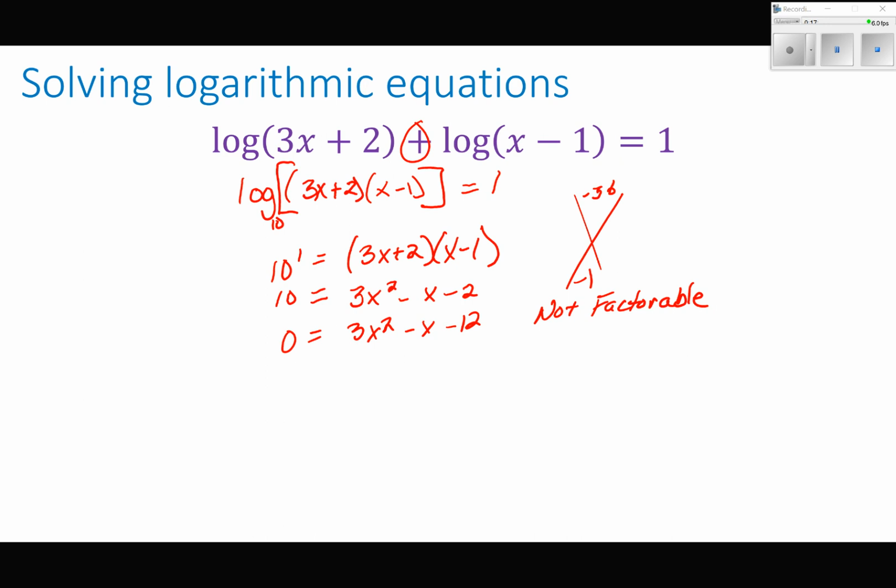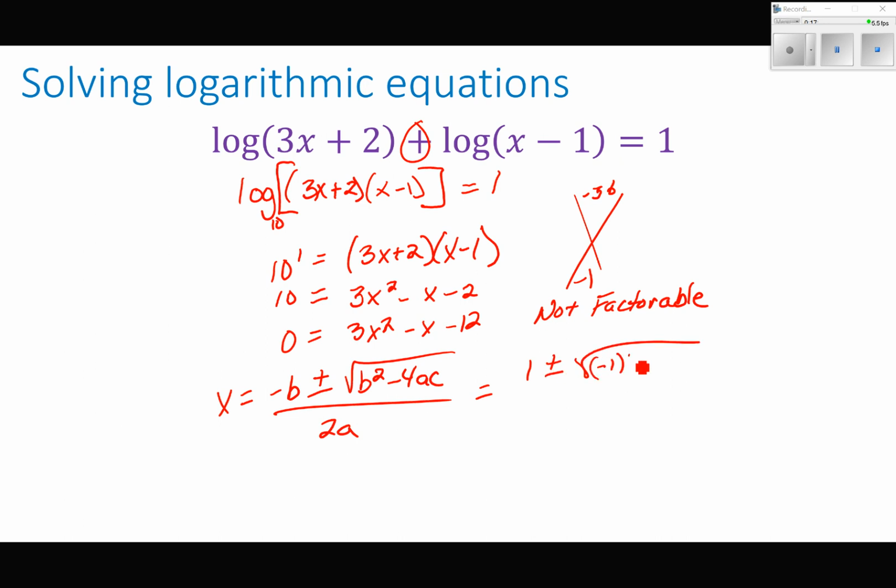So if I use quadratic formula, x is going to be equal to negative b plus minus square root b squared minus 4ac all over 2a. So in this case, it's going to be a negative of negative 1. So let's just say 1 plus minus square root of negative 1 squared minus 4 times 3 times a negative 12 all over 6.